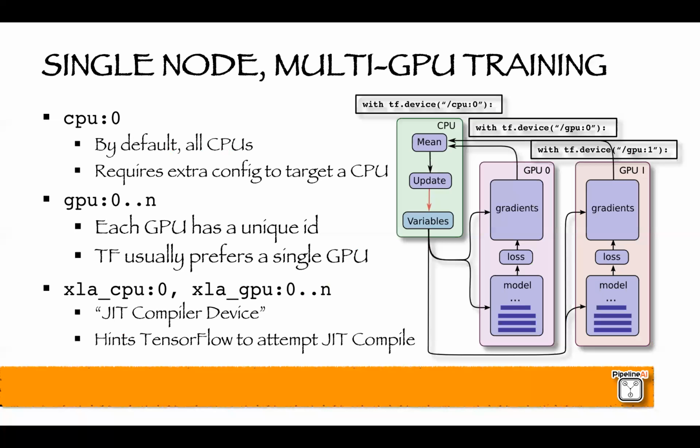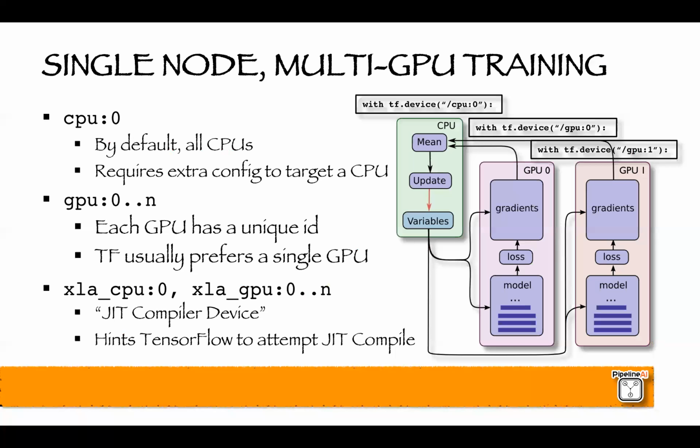choose a single GPU. And the thinking there is very similar to why you prefer a smaller Spark cluster, for example. With Spark, the more workers you have, the more communication has to happen. So there's a point when adding more workers doesn't really help and could actually slow things down.